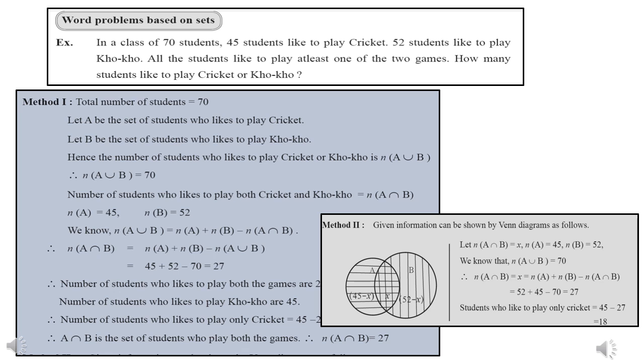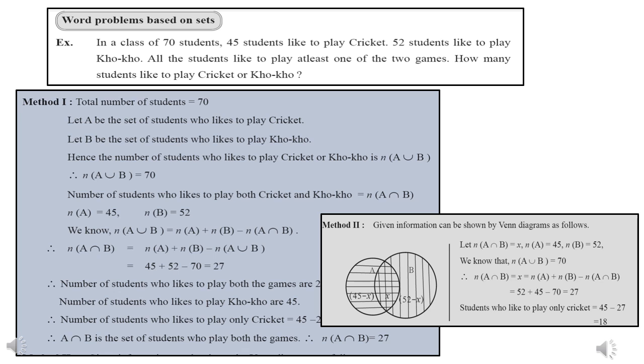Now 27 is the number of students who play both the games. If I want to find the students who play only cricket, it will be 45 minus 27, which gives me 18. Now why are we finding the number of students who play only cricket in both the methods? Because our question says how many students like to play cricket or Kho-Kho.